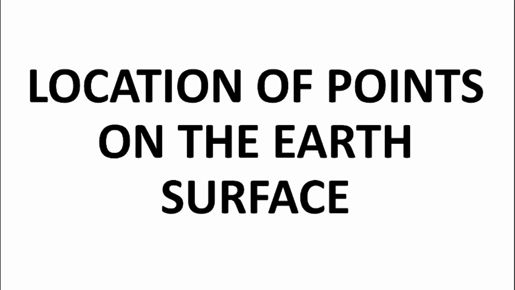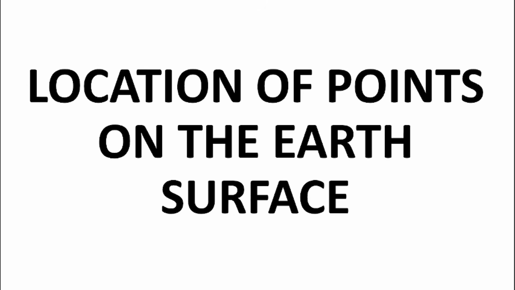Now, I want you to know that anything on the Earth's surface falls on a particular line of latitude and a particular line of longitude on the Earth's surface. I say again, anything you can think of on the Earth's surface, whether human being, houses, countries, states, airports, seaports, anything you can pinpoint the location of, falls on a particular line of latitude and a particular line of longitude.